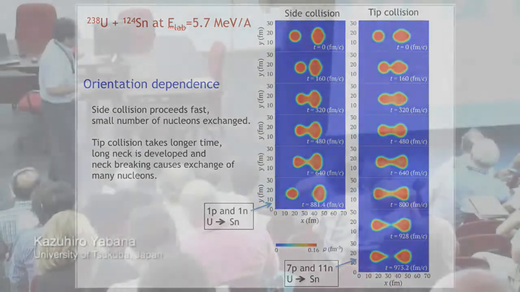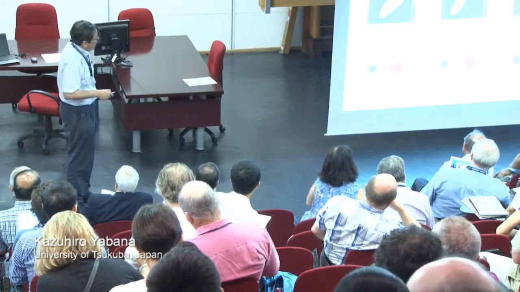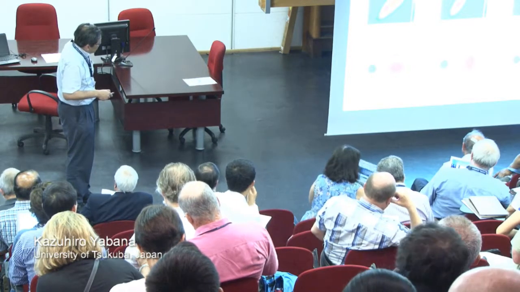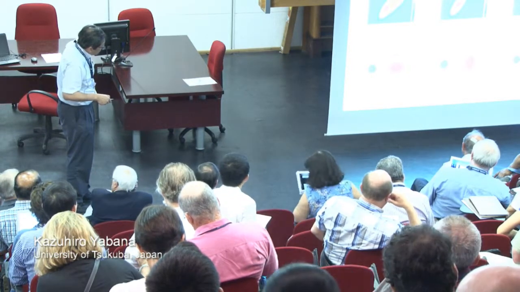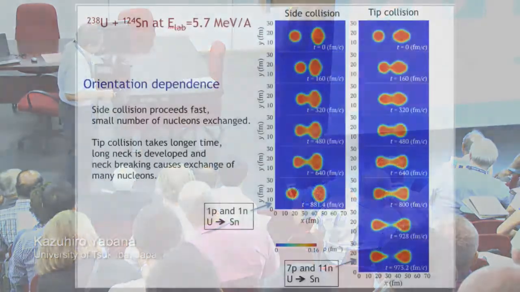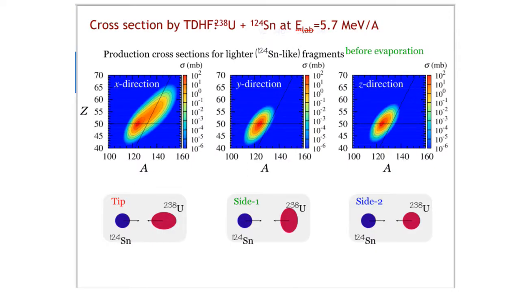So this is a cross-section we evaluate from the probability. For this tip collision, as I said, many protons and neutrons are transferred. But for side collisions, we observe very few.